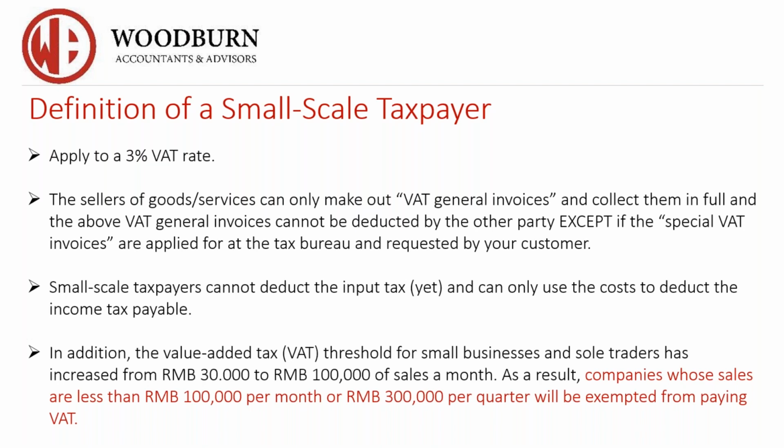So this is really more applicable to companies that are more in the service-related industries where they don't have a lot of purchases. The invoices that you are going to create as a small-scale taxpayer will be the VAT general invoices, okay? And that's generally what you're going to purchase from the get-go.